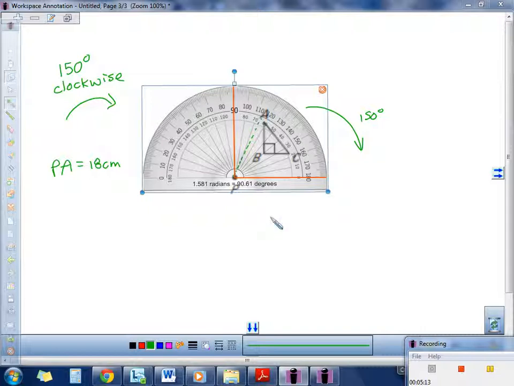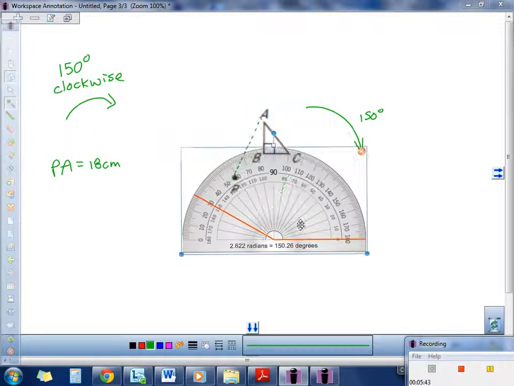Truthfully, it doesn't really matter which side you use, as long as you realize if I use this 150, I have to use this 0 over here, or if I use this 150, I have to use this 0 over here. All right, I'm going to go ahead and find 150 degrees. There it is on mine. And you can see this red line denotes that 150 degree angle.